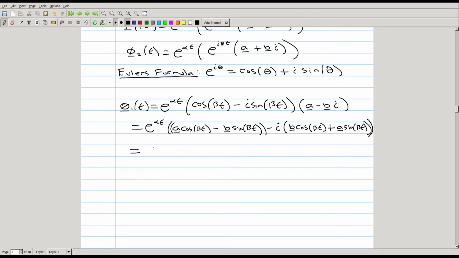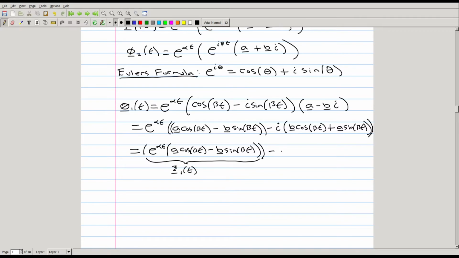And so this is pretty cool. This basically gives us two separate, actually linearly independent solutions. The first one is e to the alpha t times a cosine of beta t minus b sine of beta t. Okay, this first solution we'll call psi1 of t.